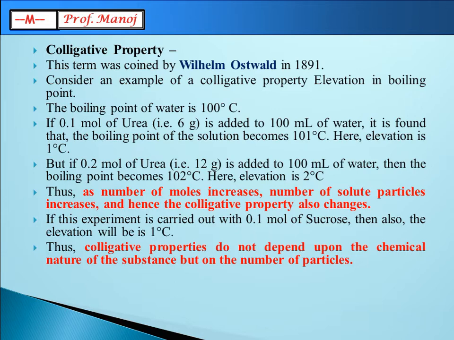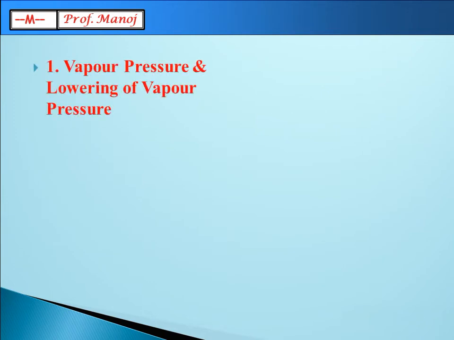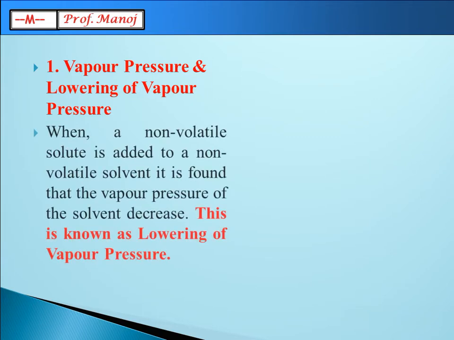We will consider now colligative properties one by one, and the very first one is relative lowering of vapor pressure. Suppose we take a volatile solvent, say water. We add a non-volatile solute in it, let us say sugar.